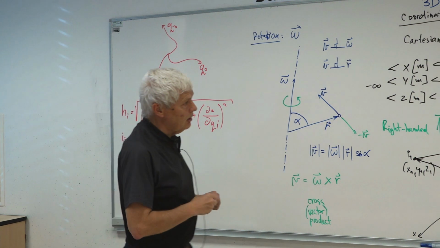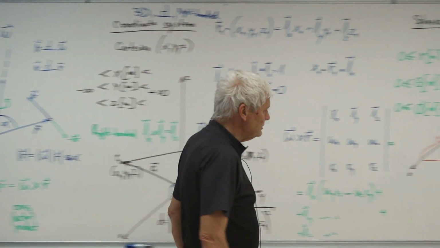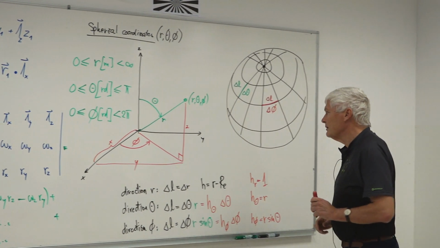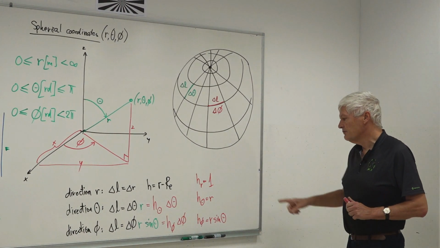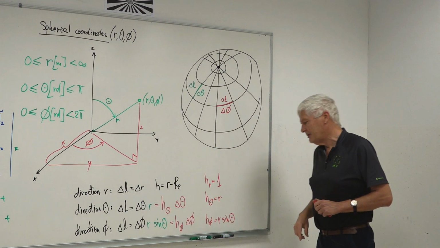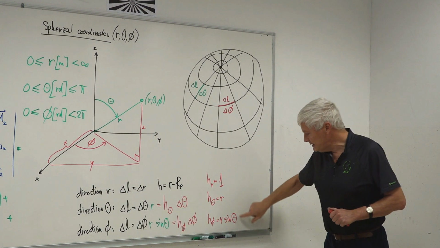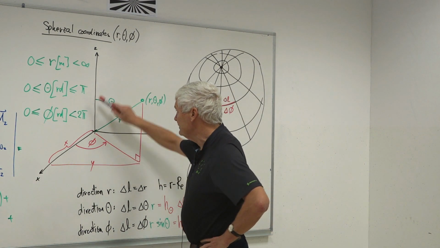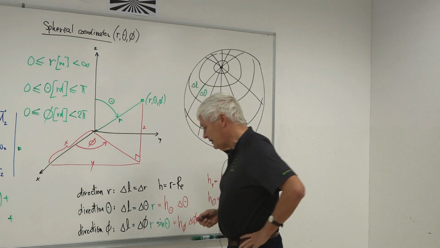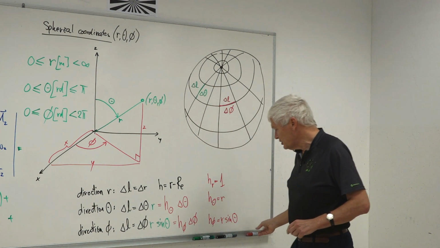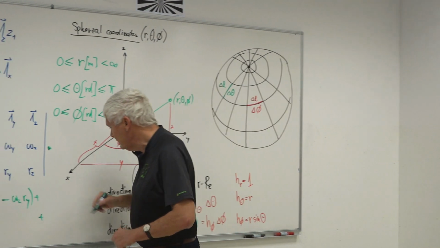Here we already calculated these Lamé coefficients from the simple geographical problem. We could also calculate this, and this, using the relationship between the Cartesian coordinates and the spherical coordinates. What is this relationship? We can simply rewrite it here.